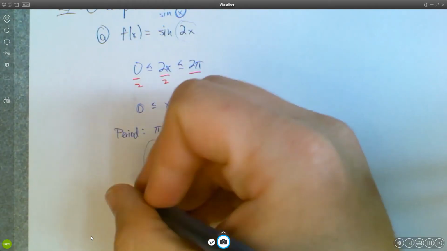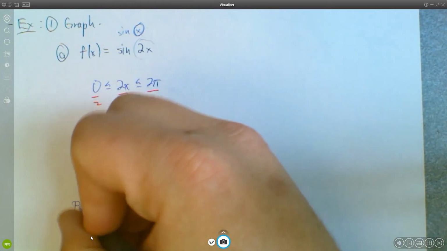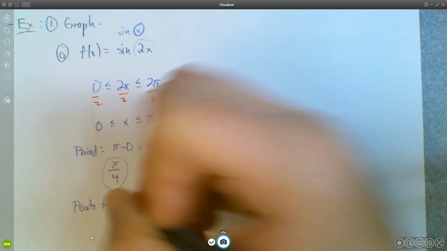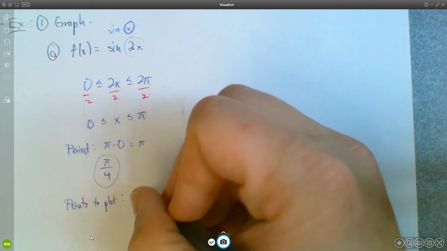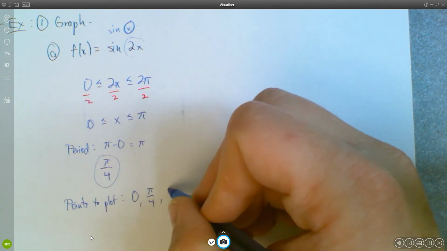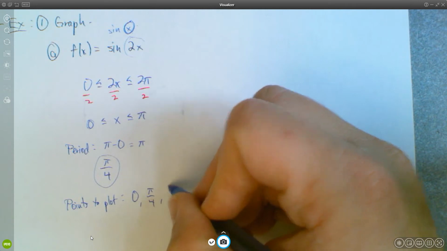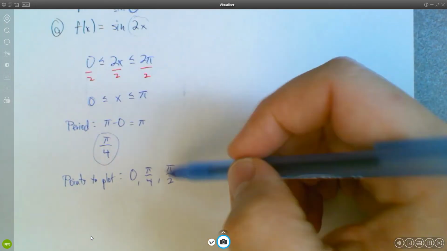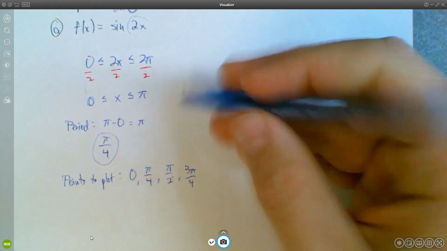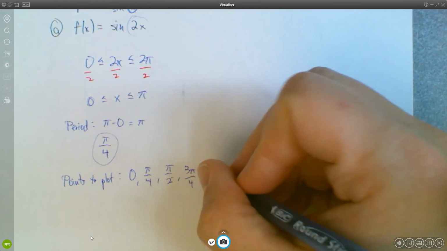So the points that I want to plot are going to be 0, and then 0 plus pi over 4, and then pi over 4 plus pi over 4, which is 2 pi over 4, or in other words pi over 2, and then 2 pi over 4 plus pi over 4, and then 3 pi over 4 plus pi over 4.